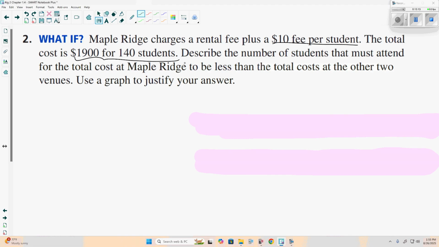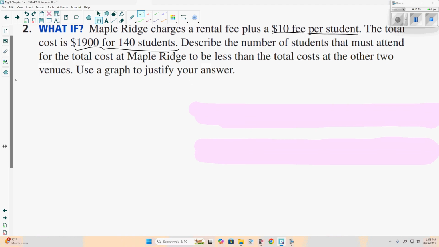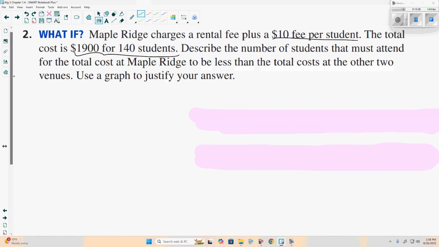We're going to find the number of students that must attend for the total cost at Maple Ridge to be less than the total cost at the other two venues. Well, the first thing we need is the equation. We need the equation of this line so we can compare it with the other two.